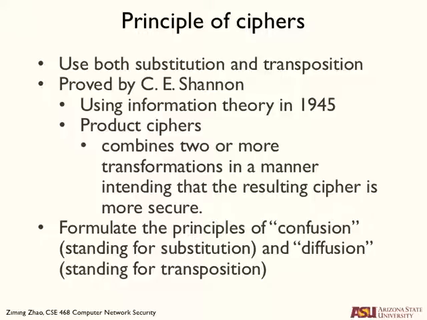So this is really interesting. By combining two very simple things, we got a new cipher which is very hard to crack. And there are some principles, but we will discuss that next class.